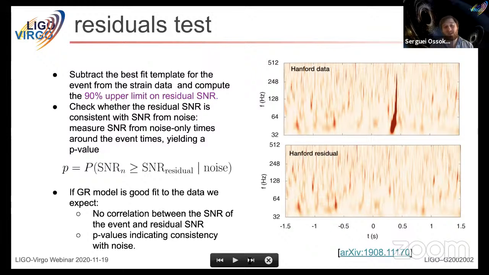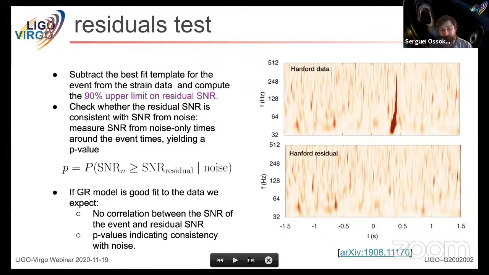And then we want to compare this to the SNR we expect from noise. To do so, we examine about 200 times around each event, and again compute the SNR, which allows us to construct a p-value.